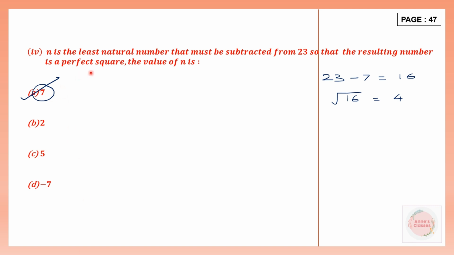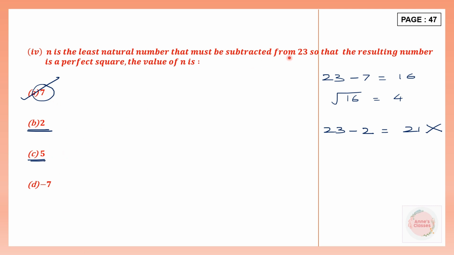But also remember, here it says least natural number. That means we have to look to see if there is a number smaller than 7 that can be subtracted from 23 to make it a perfect square. So here we have 2. So let's take 23 and the second option, which is 2, and minus it from 23. 23 minus 2 is 21, and 21 is not a perfect square. Now let's take the next one, 5. 5 is also smaller than 7.